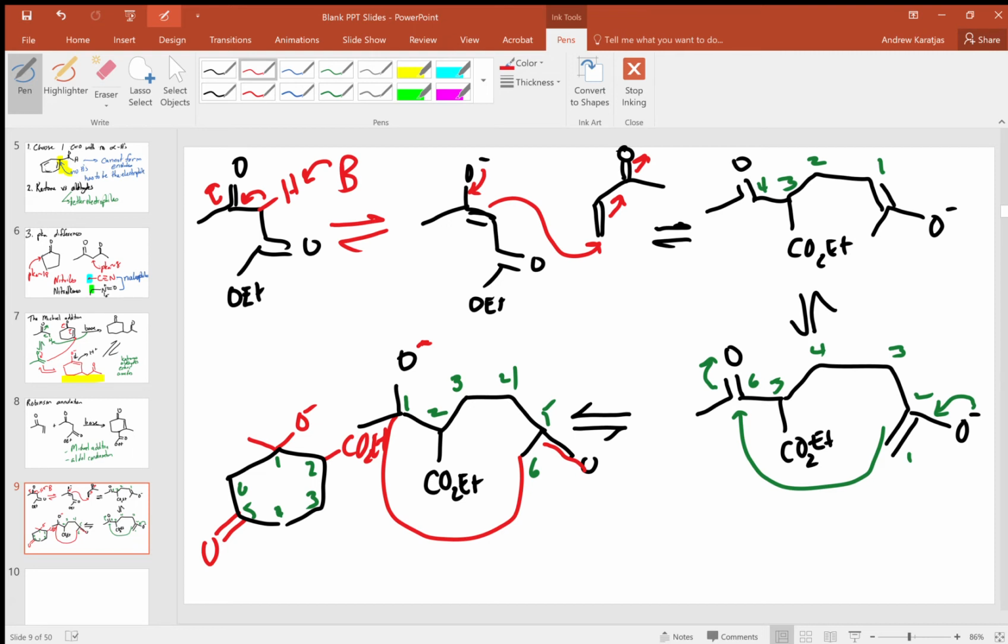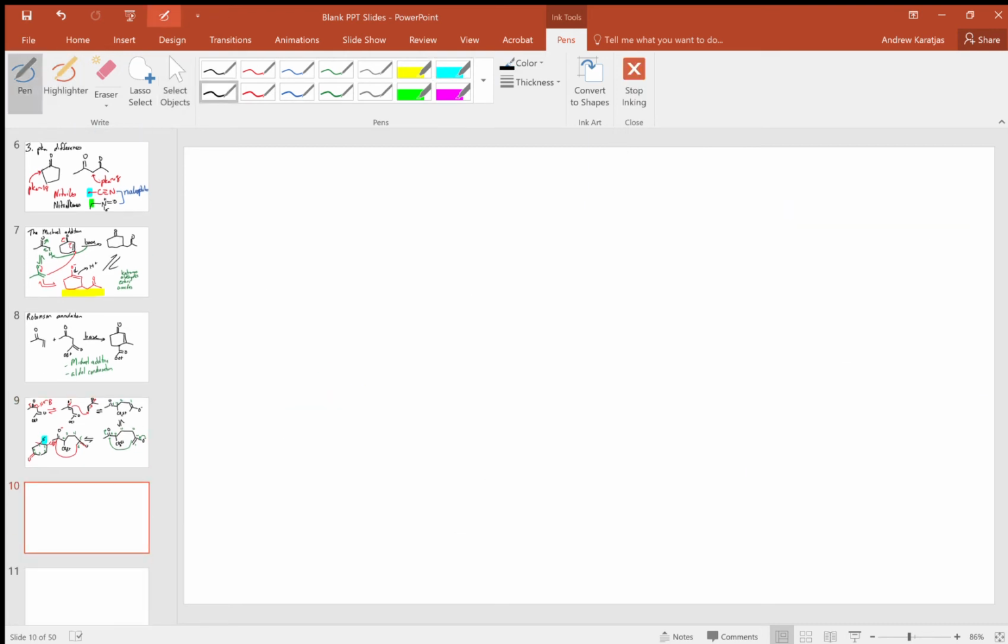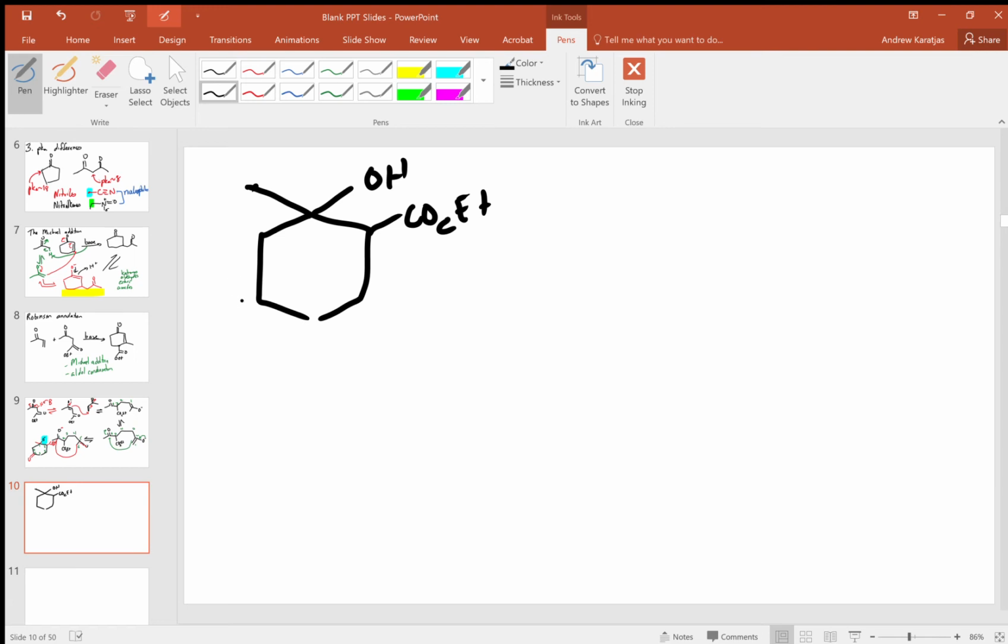So the next step is just that this oxygen gets protonated. And at this point, we are almost done. We just need to account for our E1CB elimination. So we deprotonate at the carbon in between the carbonyl and the OH group.